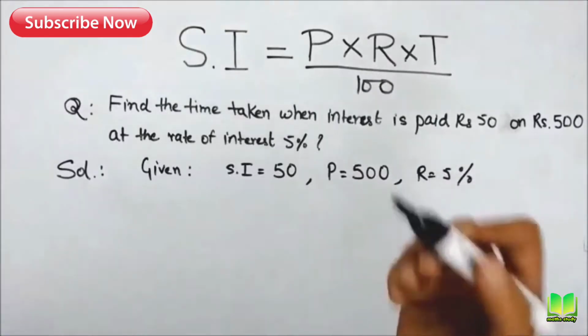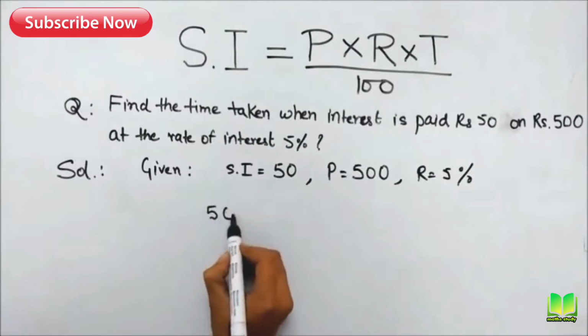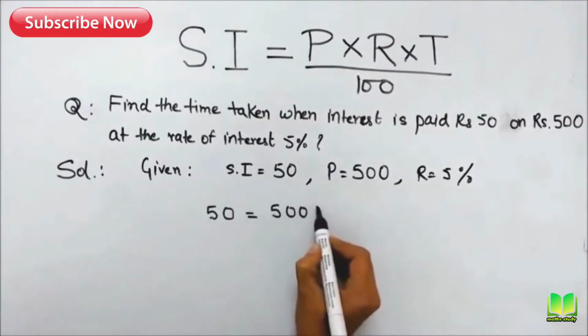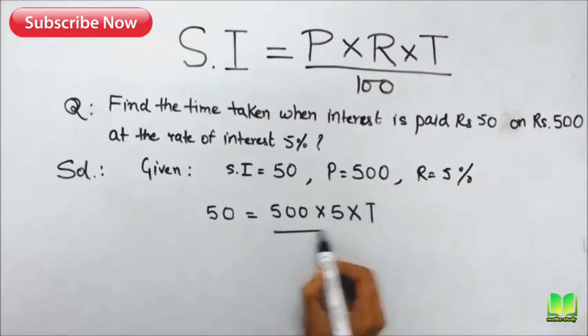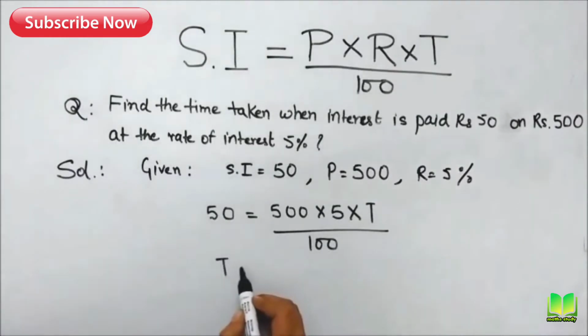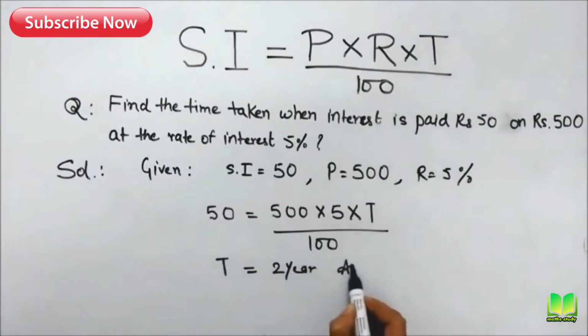Put the values in the above formula. Simple interest 50, principal 500, rate of interest 5, T is time, divided by 100. After solving the above equation, you get the time 2 years. And this is the final answer of this question.